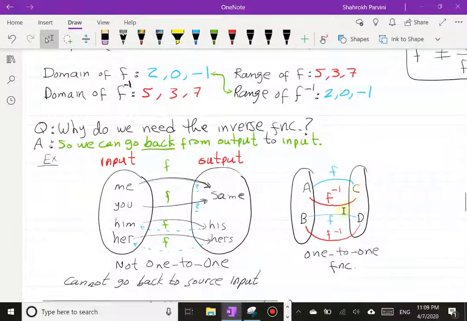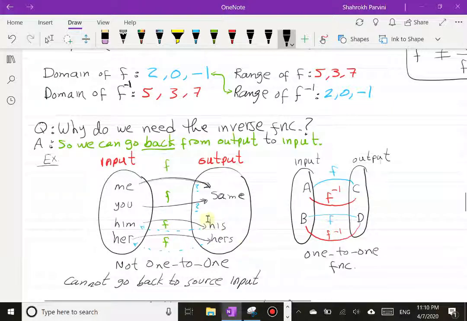Now, the return path, if I want to go from C back to A, has to be done through the inverse function. So this way we have what I call a two-way communication between the elements of one set and the other set. This would be your input, and this is your output. So the elements can communicate back and forth with one another.